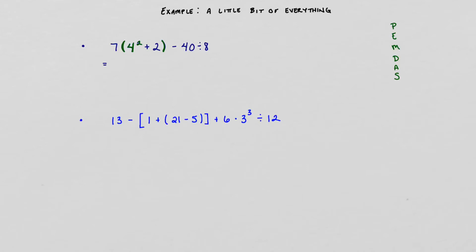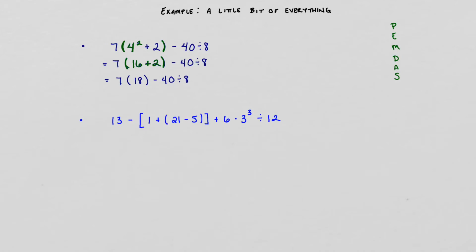Now I'm going to have 7 times the quantity 16 plus 2, then minus 40 divided by 8. I still have parenthesis work, and within that I just have addition, so I'm going to simplify that down. This gives me 7 times 18 minus 40 divided by 8.